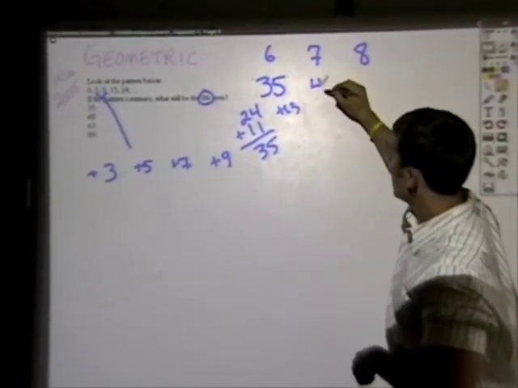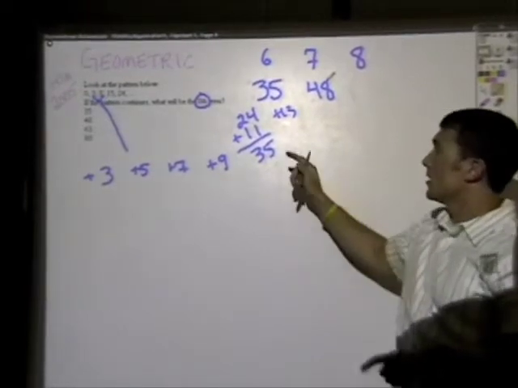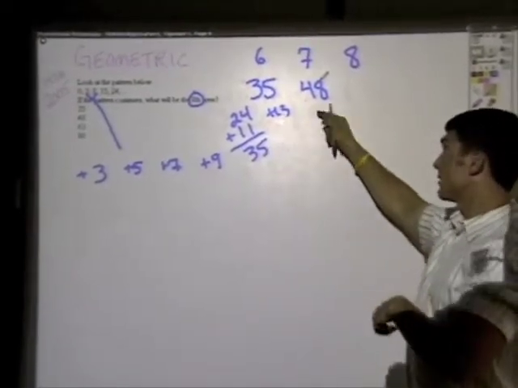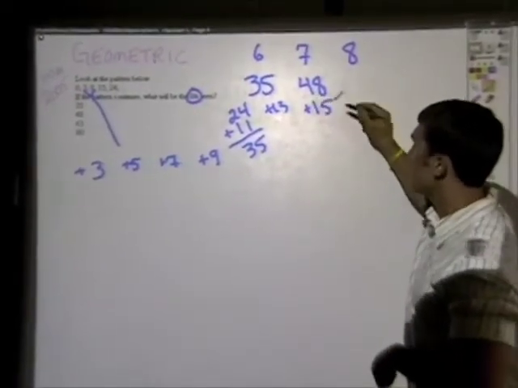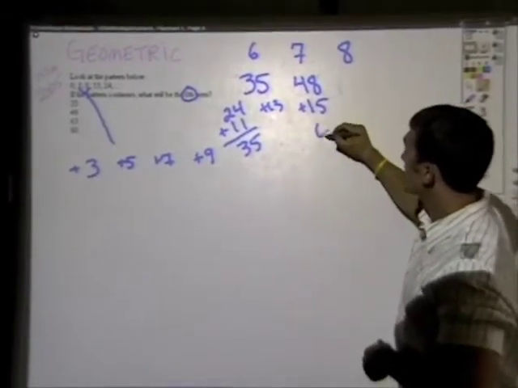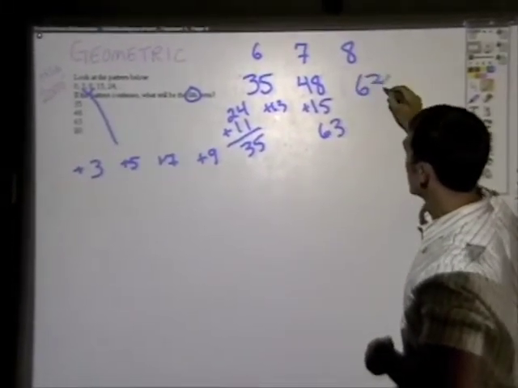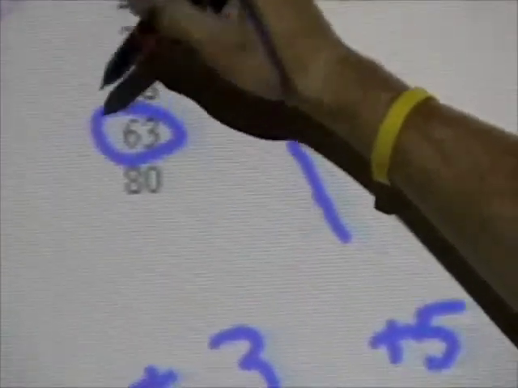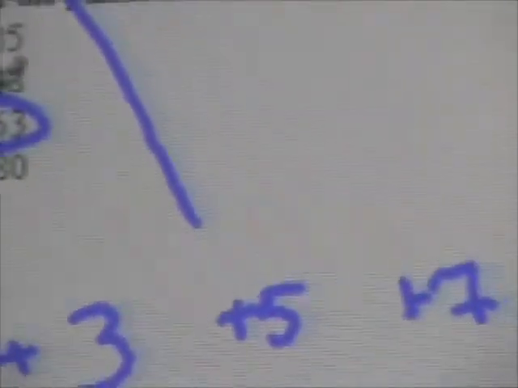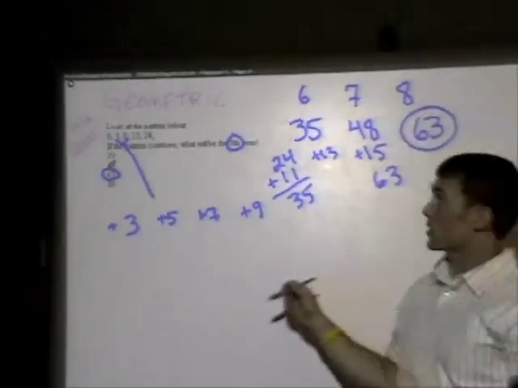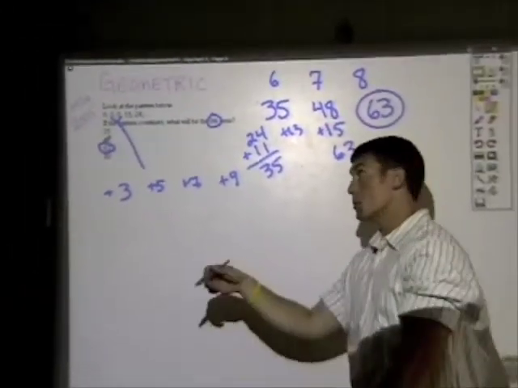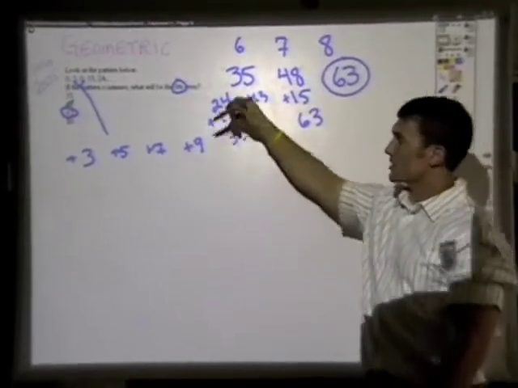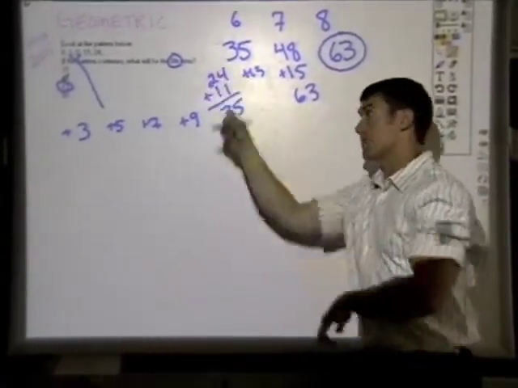That gives us 48. Alright, 3, 5, 7, 9, 11, 13, 15 will give us our 8th term. So we have 63 as our 8th term. And that answer would be C, the invisible C. Alright, so again, geometric, we're still looking at differences between terms. But in this case, they're increasing at an increasing rate.